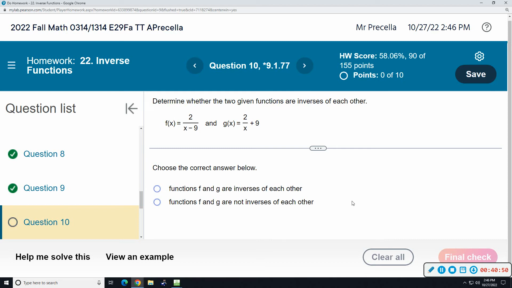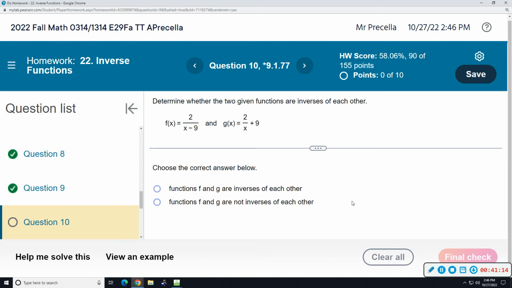The fraction is 2 over x, but the plus 9 is stuck outside. They want us to decide whether these functions are inverses. Well, let's find their compositions. If their compositions both reduce to x, then they are inverses. Now, if their compositions don't reduce to x, then they're not inverses.